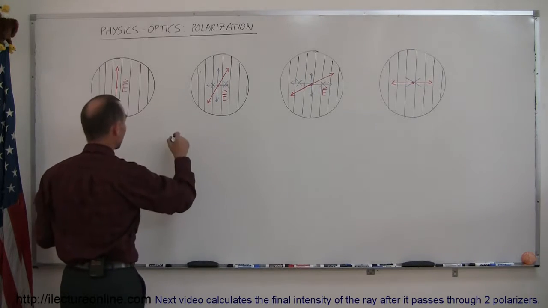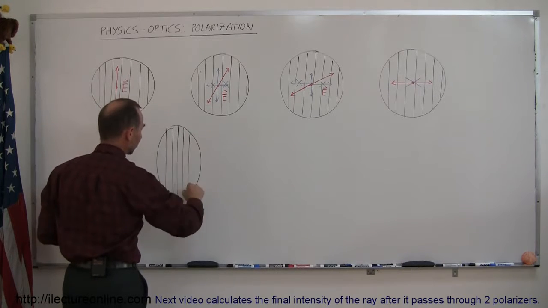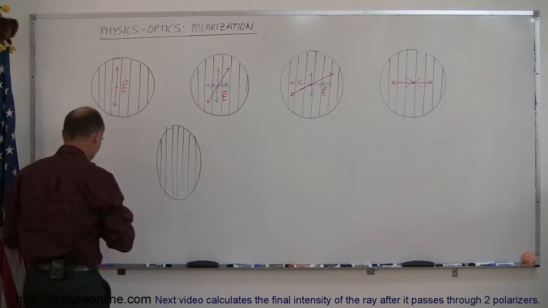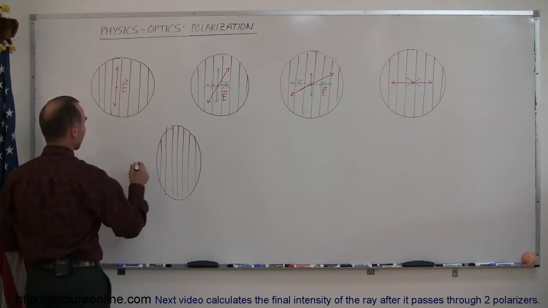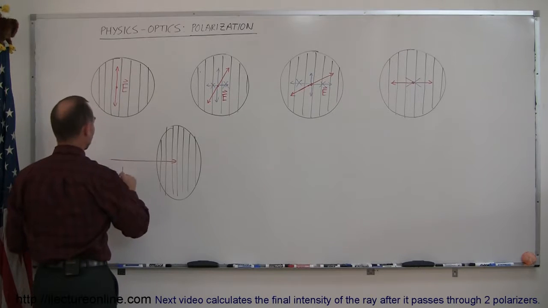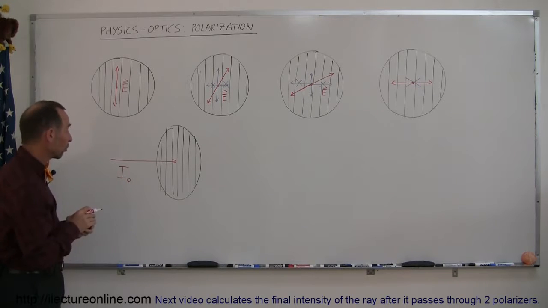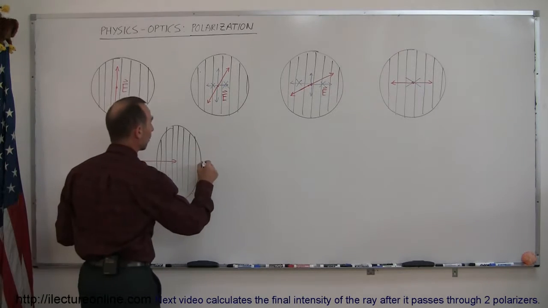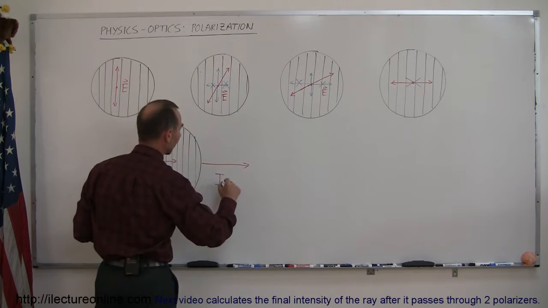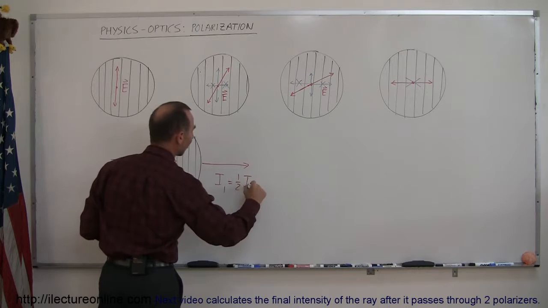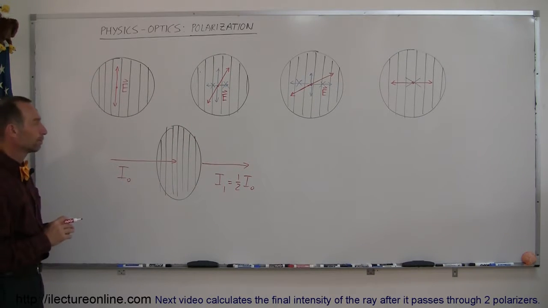Which means, if we have a polarizer that's directed like this, with the direction of the polarization vertical like that, and we have a beam of light incident, and let me use red, incident upon the polarizer, and let's say that the intensity of the beam of light that is directed towards the polarizer is I sub 0, then when it leaves the first polarizer and gets through on the other side, the intensity on the other side is only equal to half of the original intensity. And that's how polarizers work.